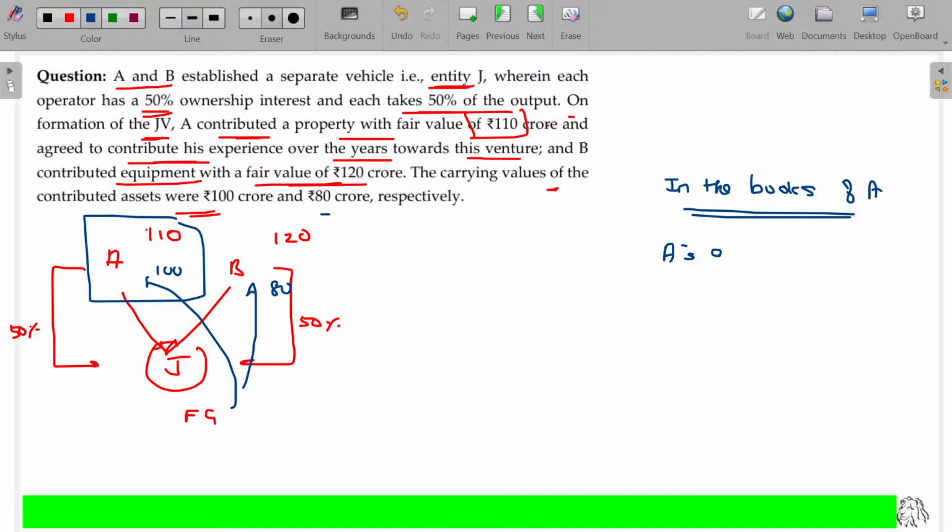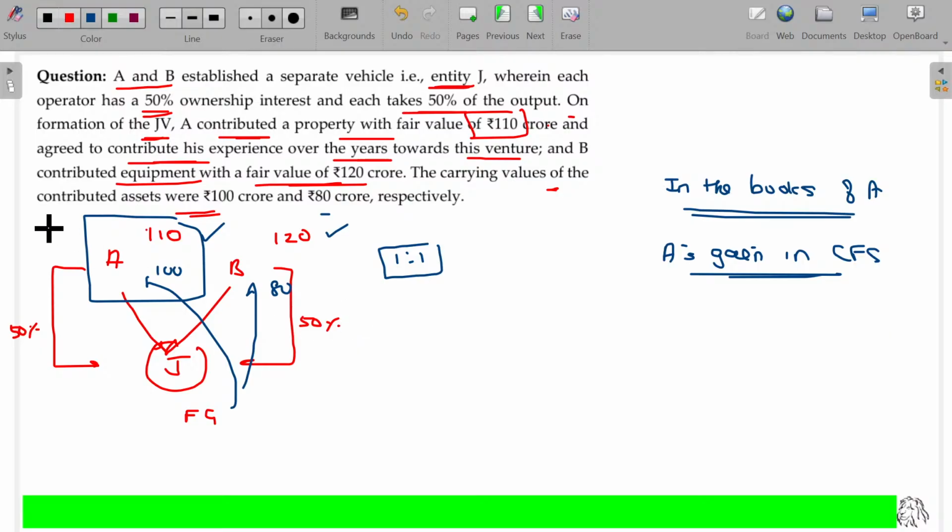You understand this as it is. A's gain in CFS. These two will have equal rates, 1:1. The assets in J being 110 and 120.